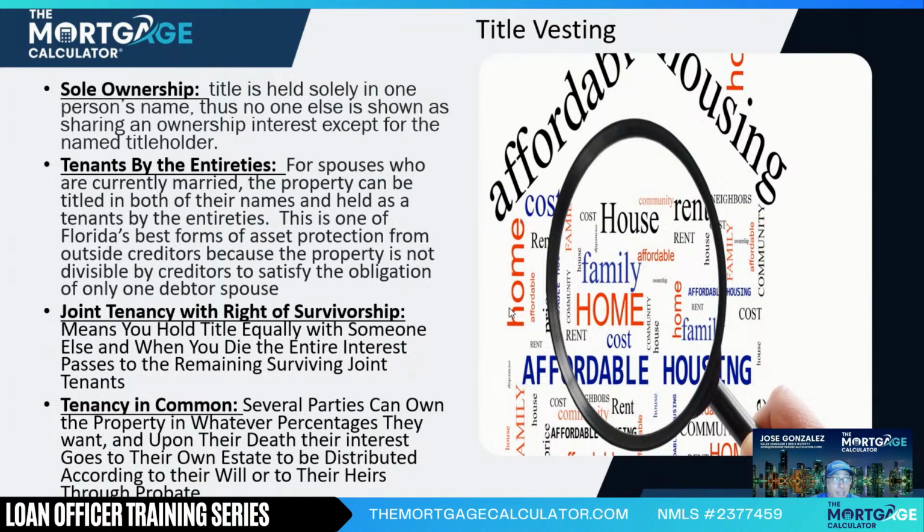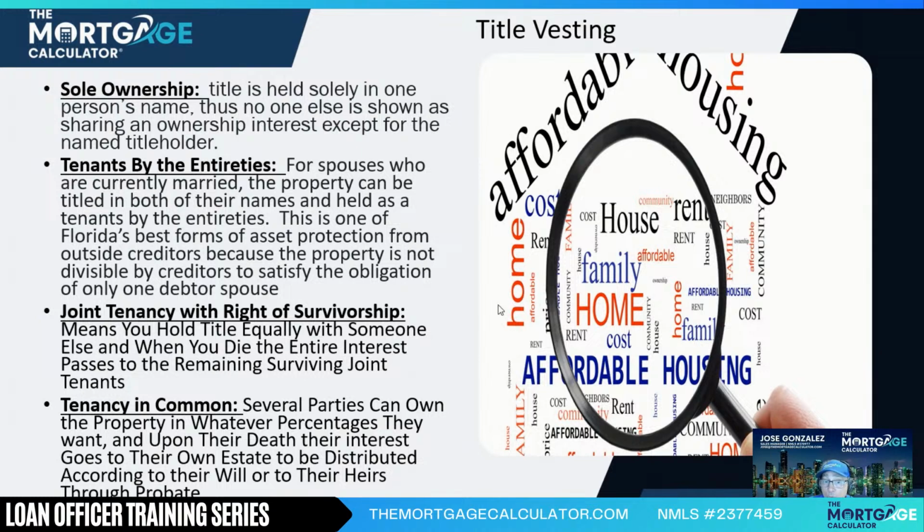So basically, joint tenancy with right of survivorship means you hold title equally with someone else. So if it's three people, it's 33 and a third each. If it's two people, 50-50 each. And when one of the title holders dies, the entire interest passes to the remaining surviving joint tenants.